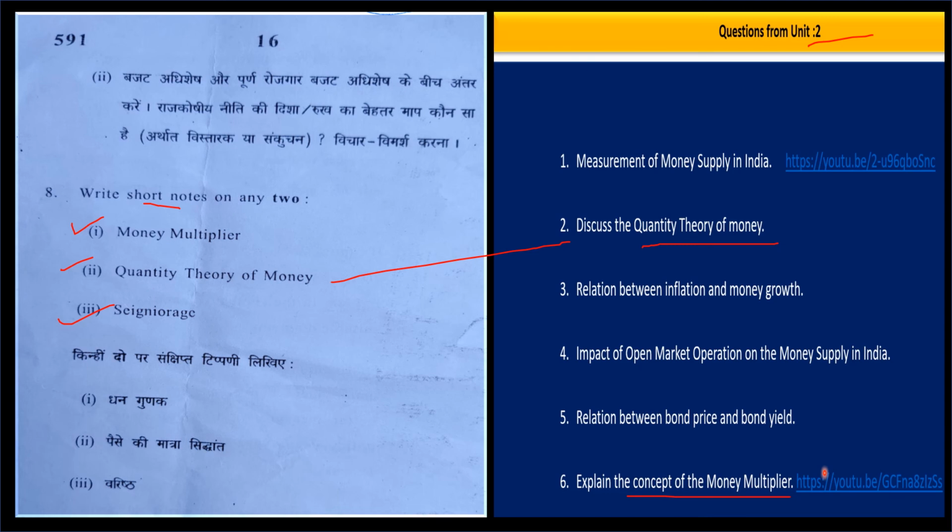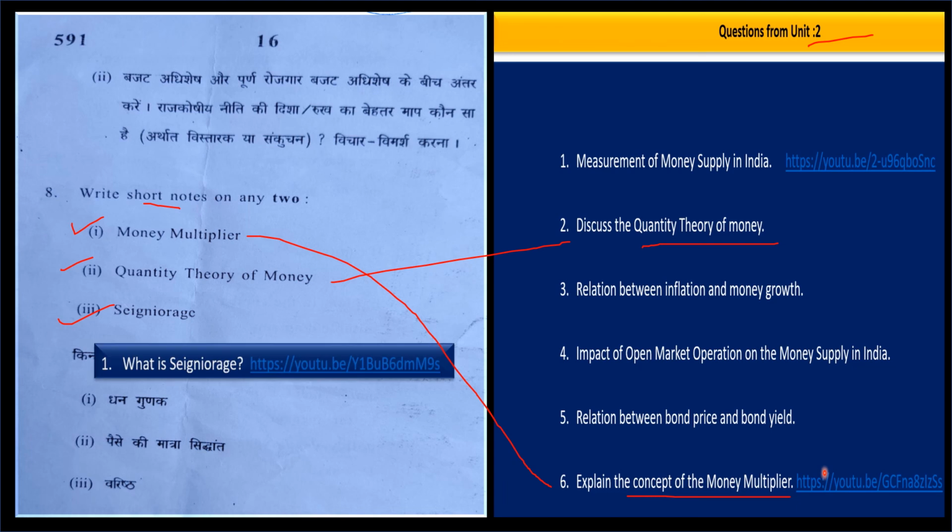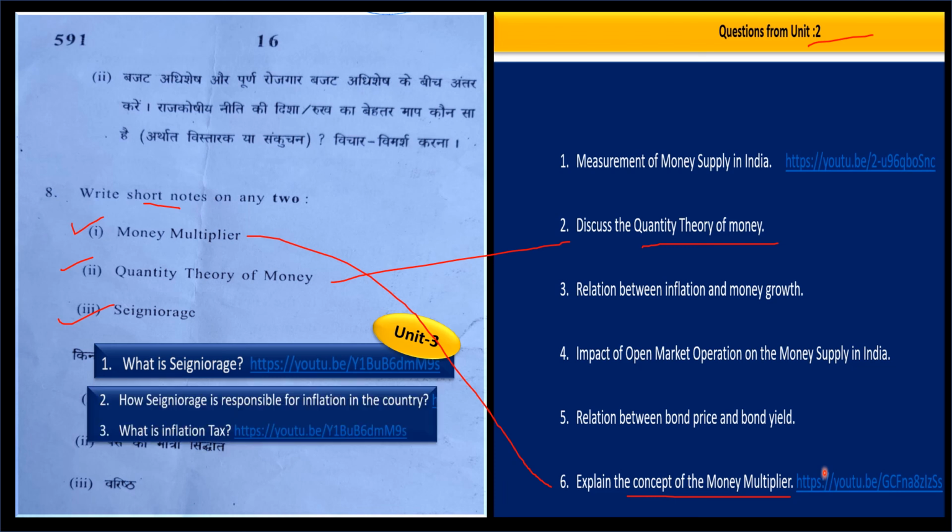For your help, I shared my video link on money multiplier, and it came in the exam along with the high-powered money concept. For seigniorage, if you see the video, I gave special focus to preparing seigniorage and hyperinflation. In unit 3: what is seigniorage, how seigniorage is responsible for inflation in the country, and what is inflation tax. I covered all of this in my video to help you in your learning process.